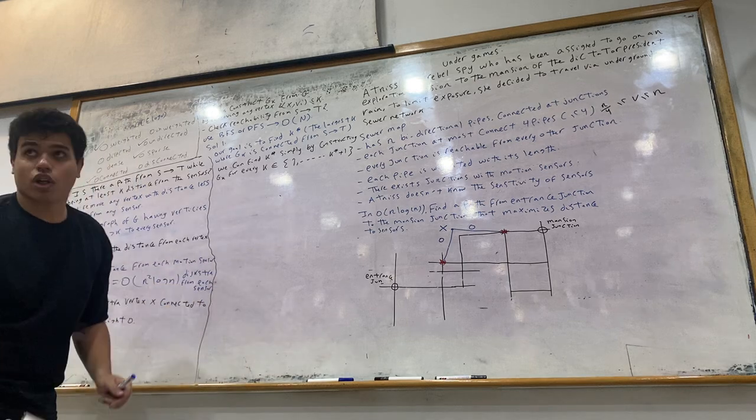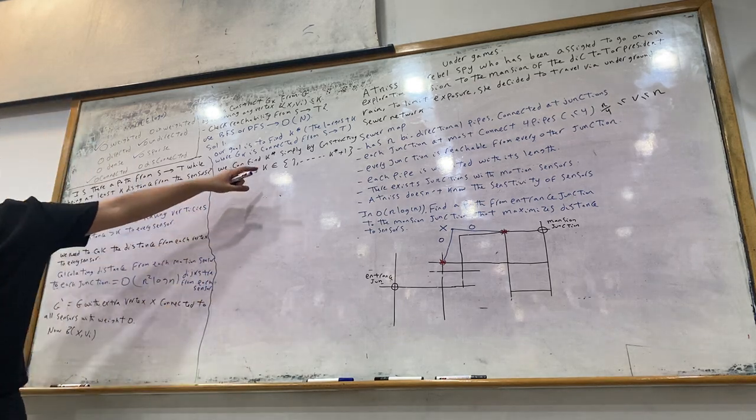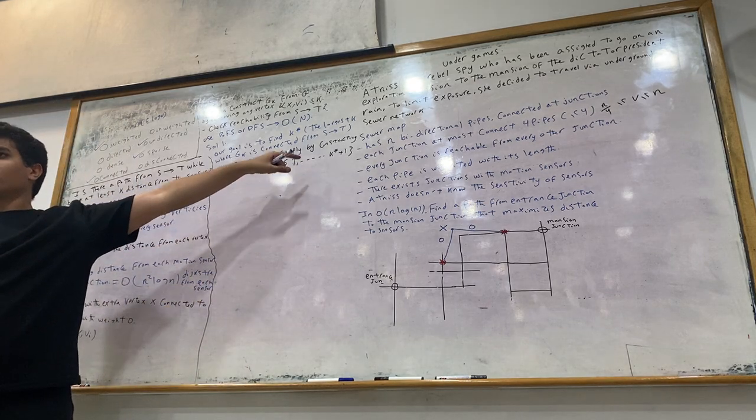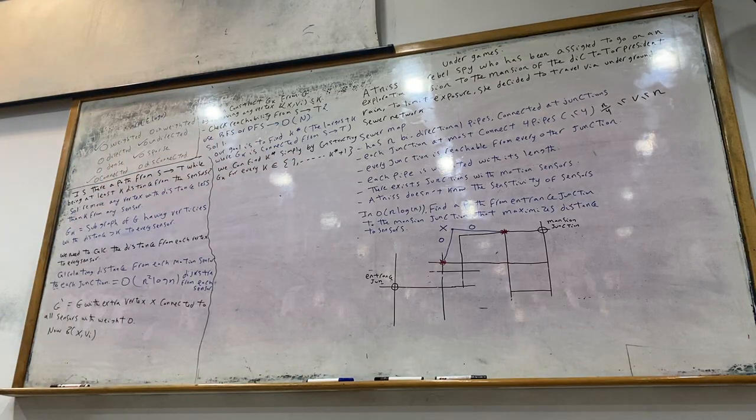I will try removing all vertices smaller than 1, 2, 3, 4, 5, until K star plus 1. If K star plus 1 is invalid, which largest value is valid? K star. That's right?